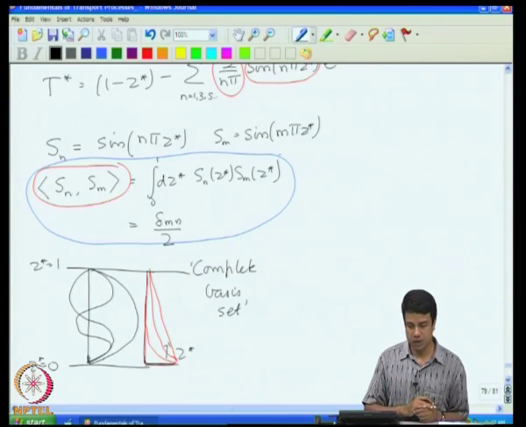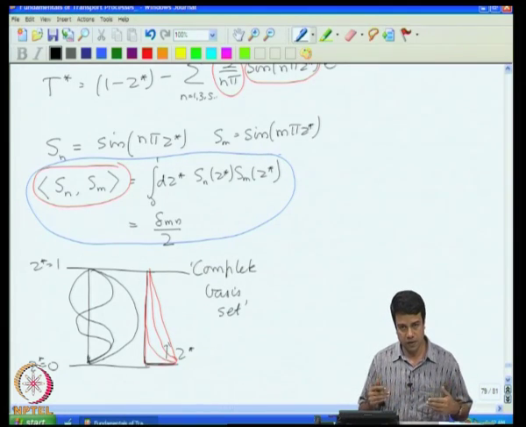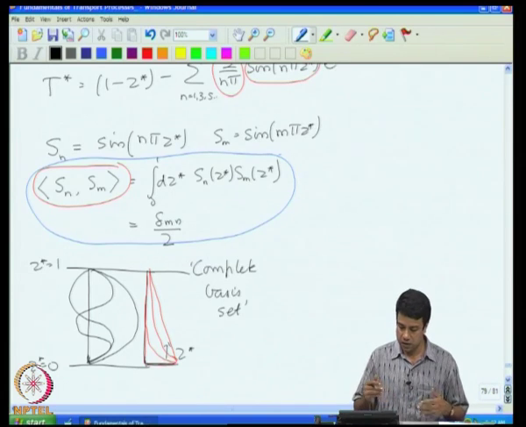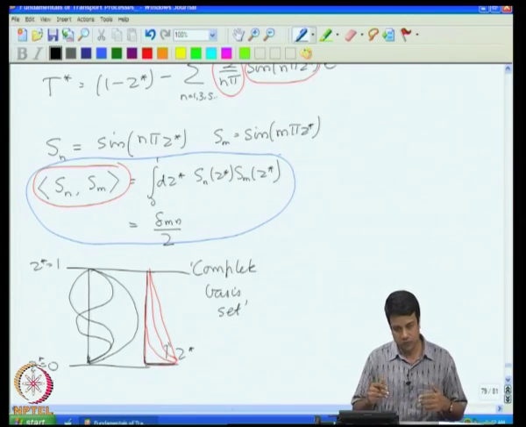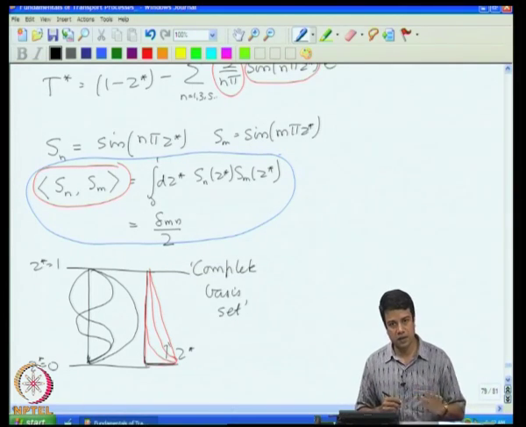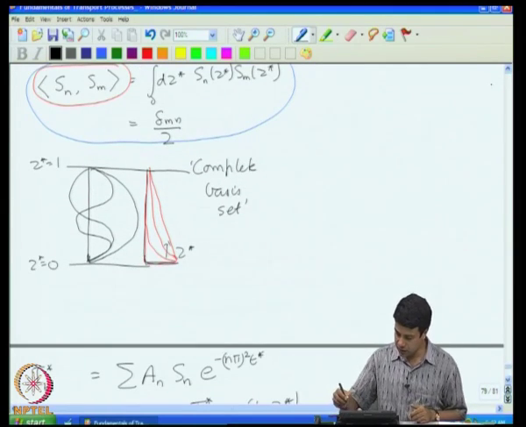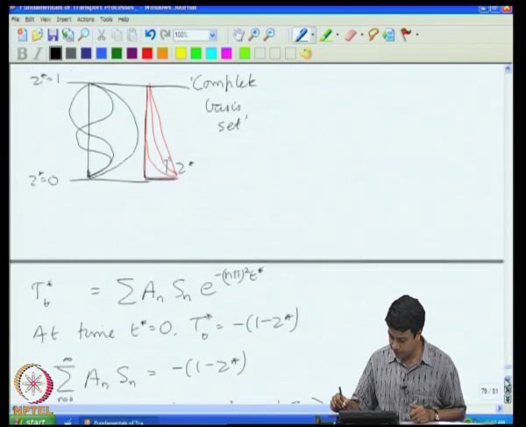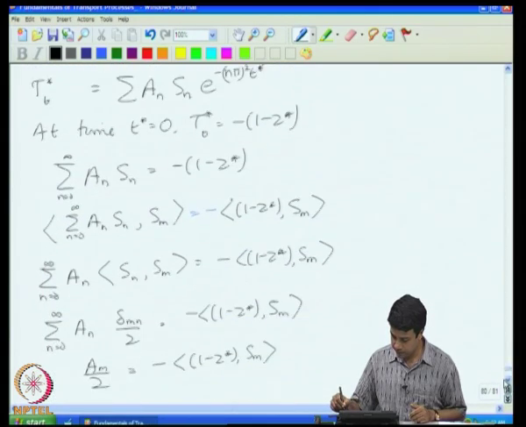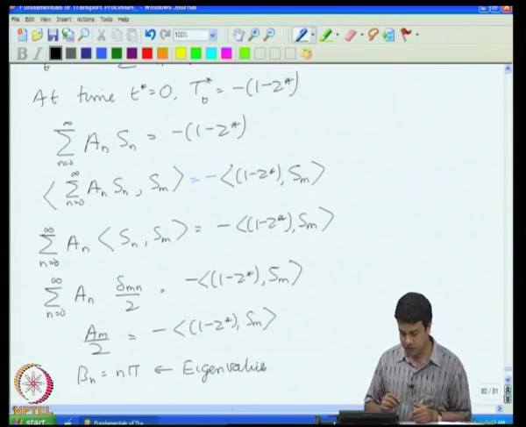If they were not orthogonal to each other, when I took this inner product, I would get a series of linear equations which involved all of these coefficients. However, since they are orthogonal to each other, these coefficients are non-zero only when n is equal to m, and therefore, without any ambiguity, I can determine what each of these functions is. These values of beta n that I had, equal to n pi, are called the eigenvalues of this problem.